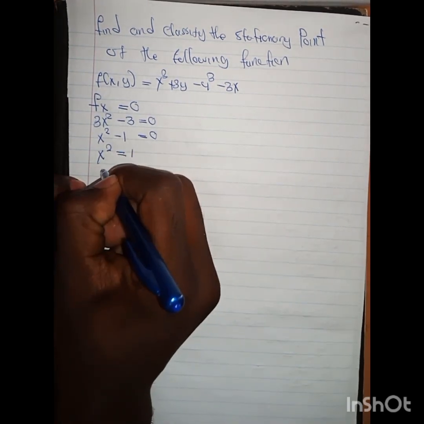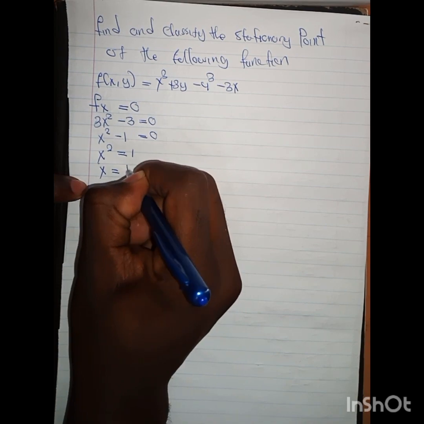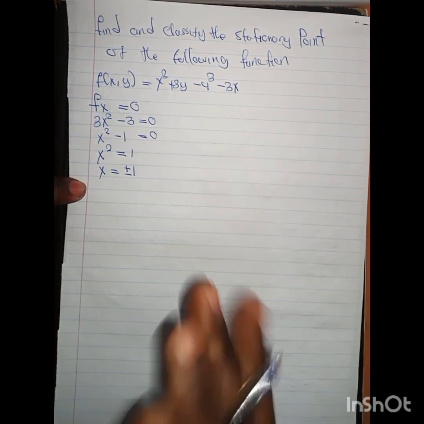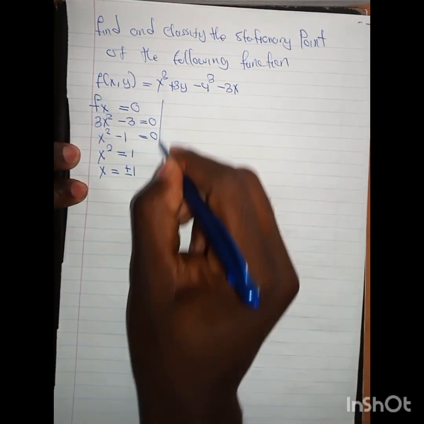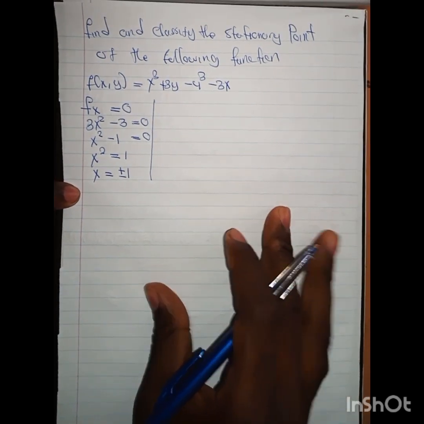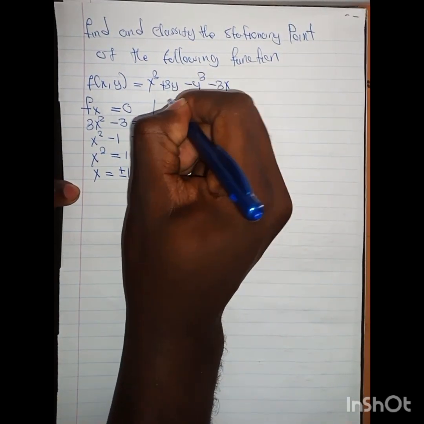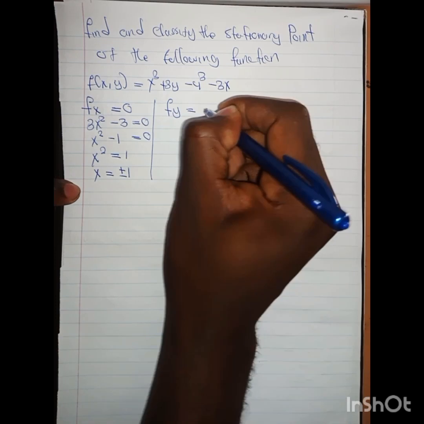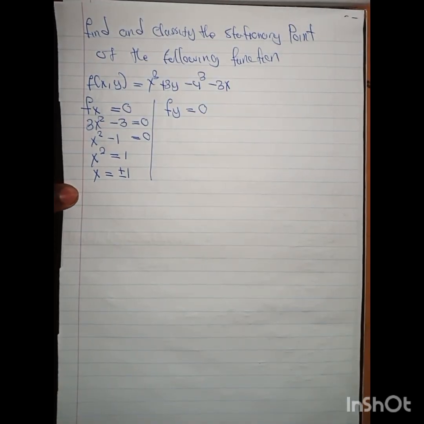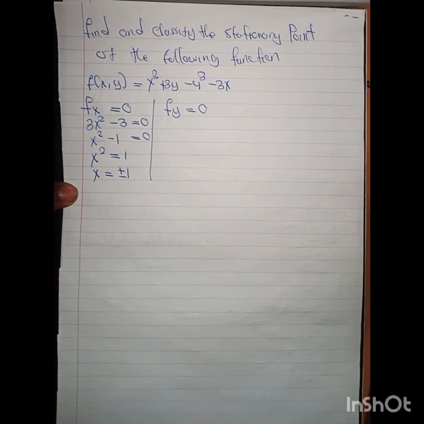Then we take square root both sides. X is equal to plus or minus 1. So that's it for f sub x. Let us now find f sub y. So f sub y has to give us 0 because the derivative of this function with respect to each variable has to give us a 0.